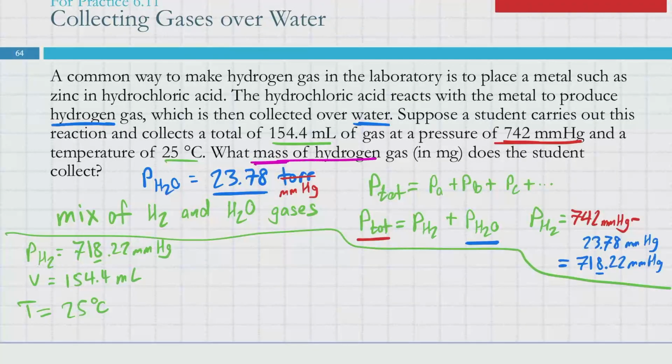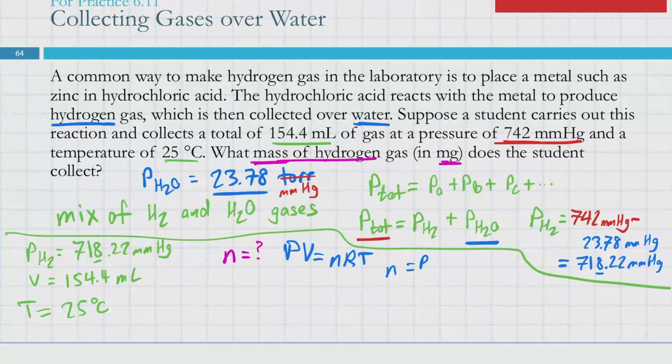To get mass of hydrogen gas in milligrams, because we want to do the most work possible, we first need the number of moles. So we need to find n. So hopefully this also evokes thoughts of PV equals nRT. Look at that, it's PV equals nRT again.